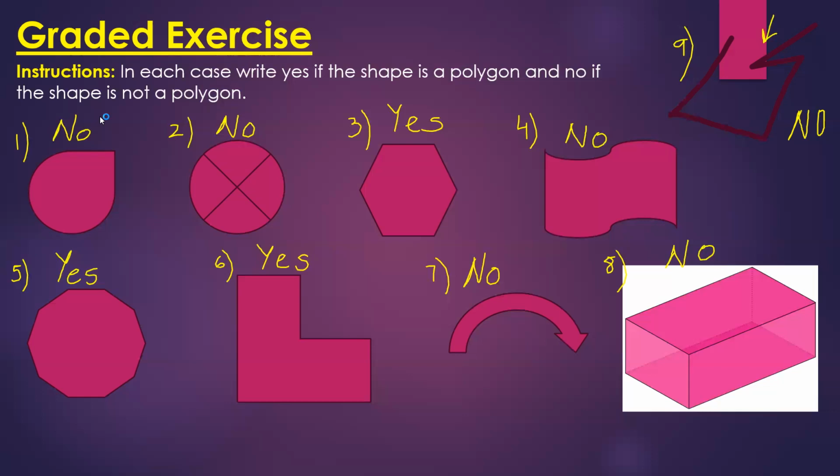Why is number 7 not a polygon? It has a curved shape, right? Yes, sir. Okay, so it's not a polygon because polygons don't have curved shapes. Polygons have straight sides.